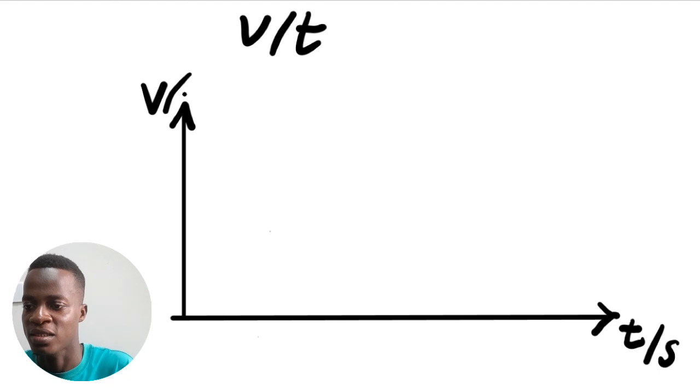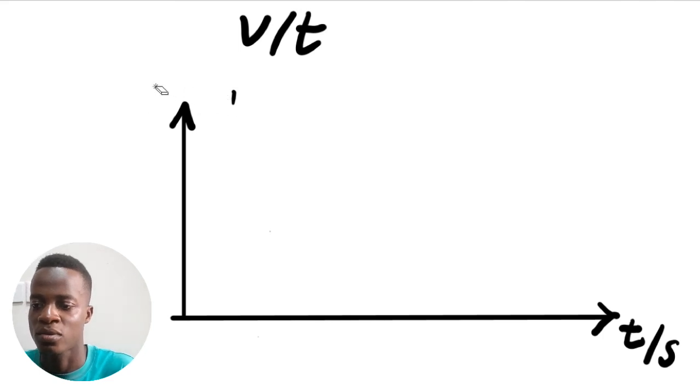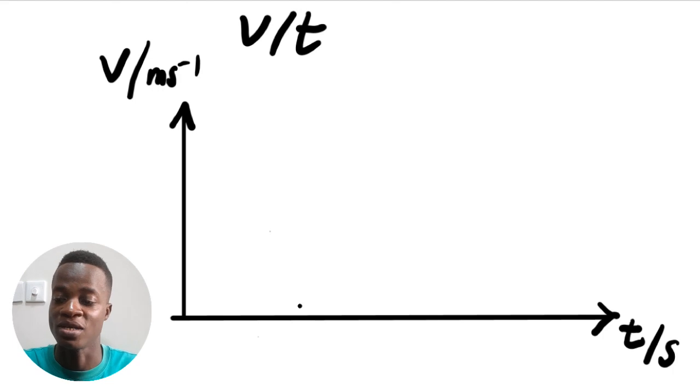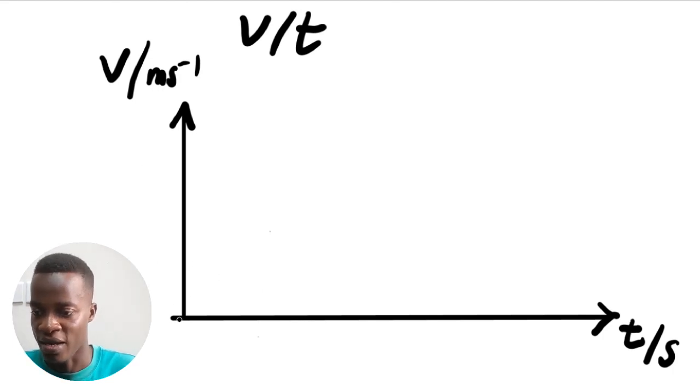For time, the unit is seconds. For velocity, the unit is meters per second. Let me write the units on both axes. Then the origin, we all know the origin. The origin will be zero.